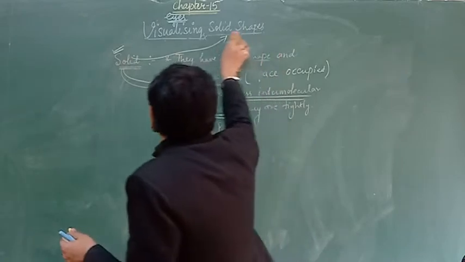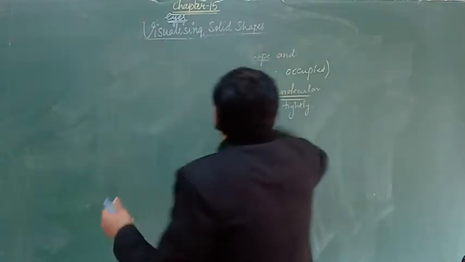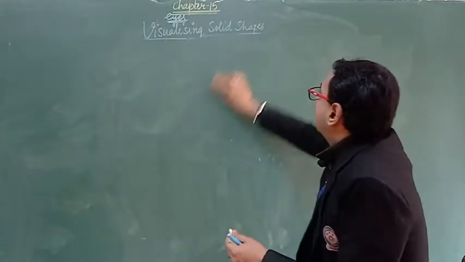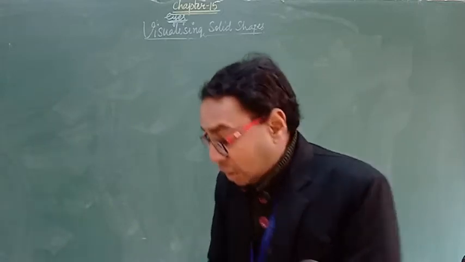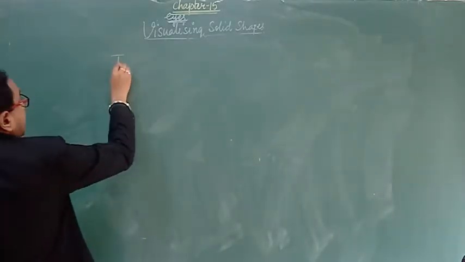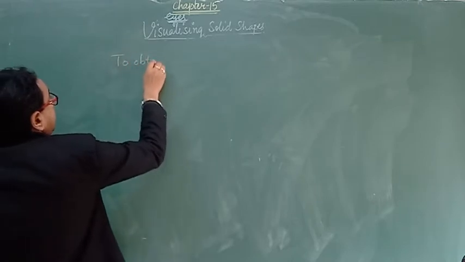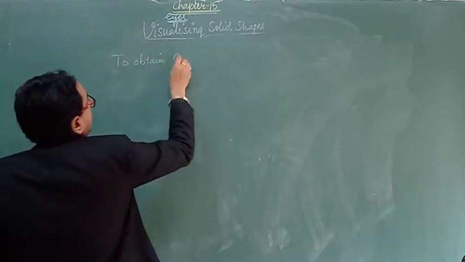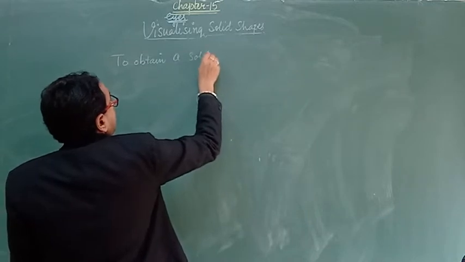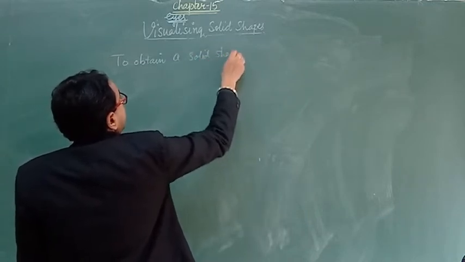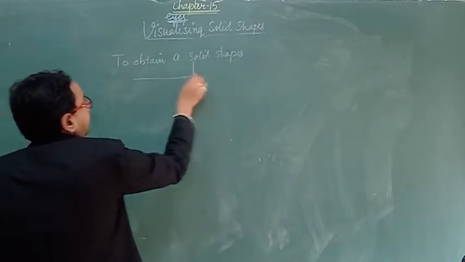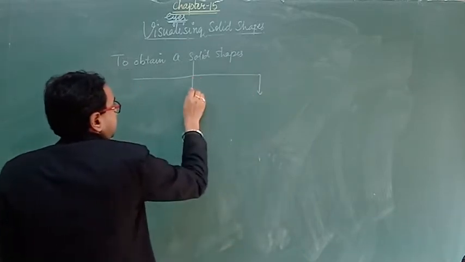Okay. Now, let us study a few parameters by which these things are made. To obtain a solid shape, we need three basic parameters.